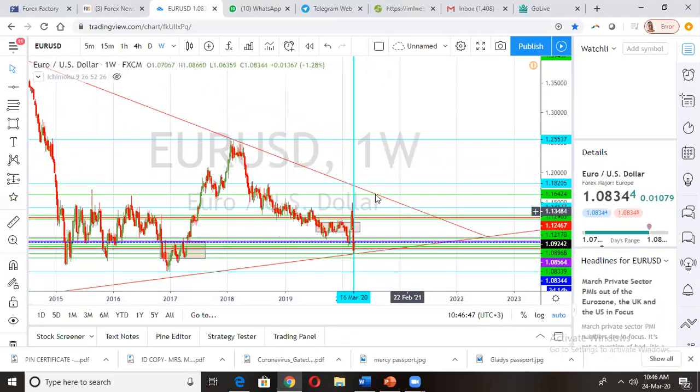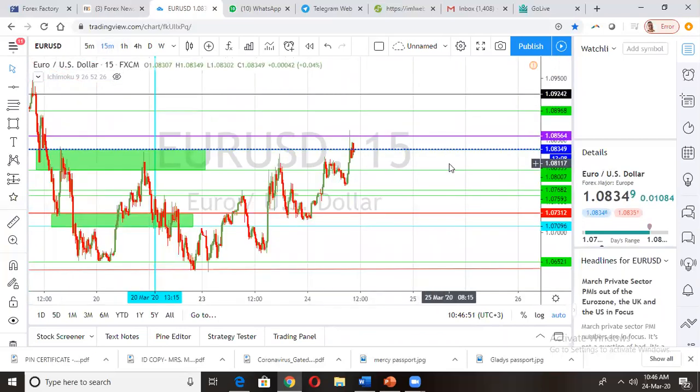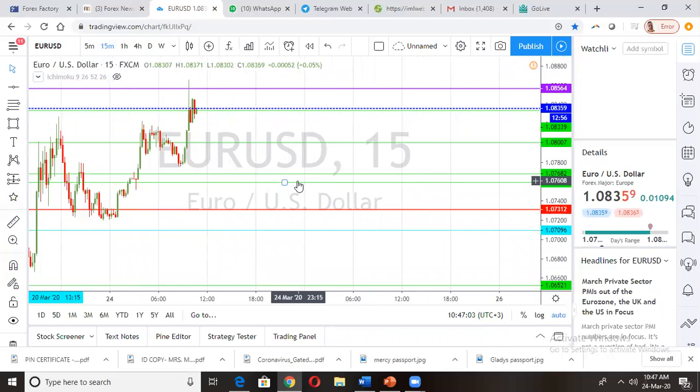Okay, I think it's shaping up. So Euro USD.